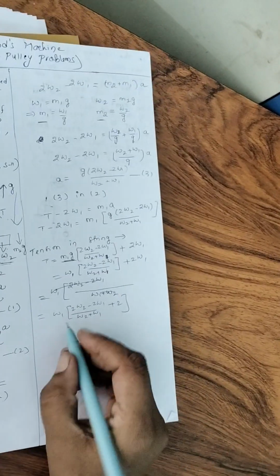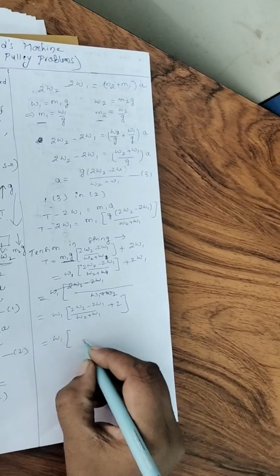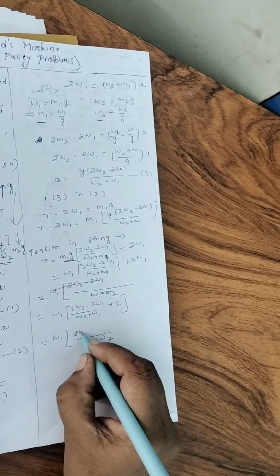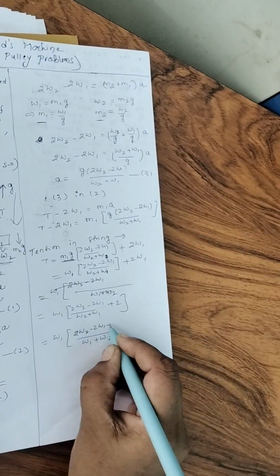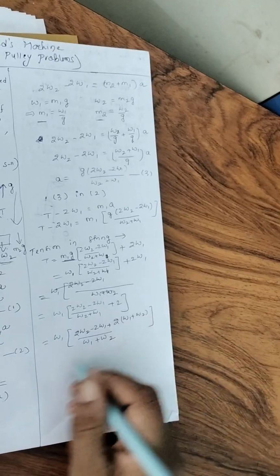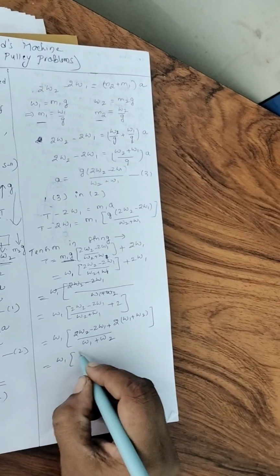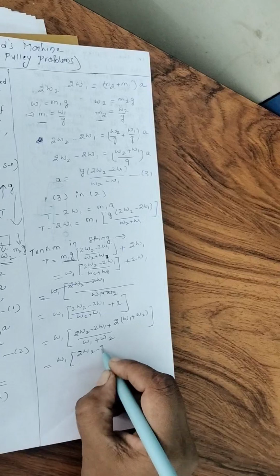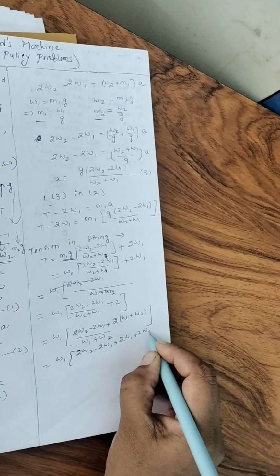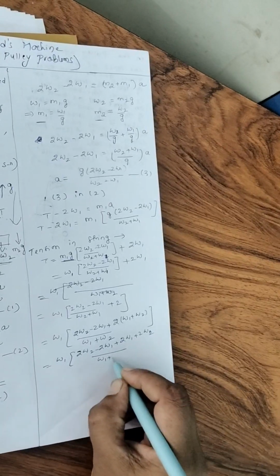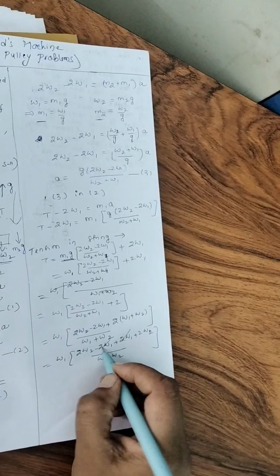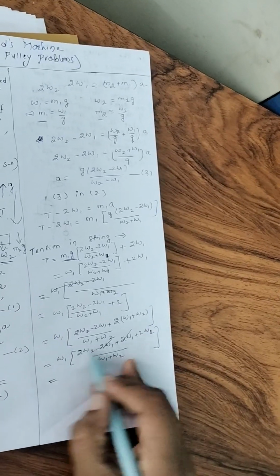Now let us take W1 plus W2 as LCM. What you will get? 2W2 minus 2W1 plus 2 of W1 plus W2, so 2W2 minus 2W1 plus 2W1 plus 2W2 by W1 plus W2. Right? W1 strikes off. What you take? 2 plus 2, 4.